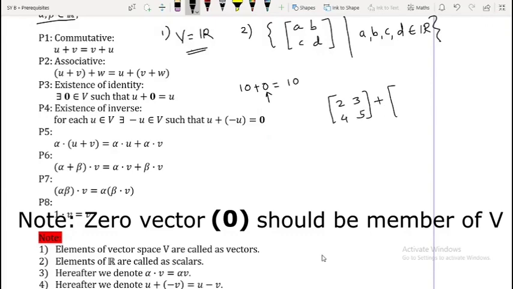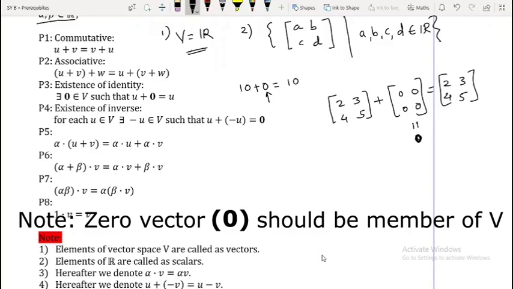If I take one matrix, by adding which matrix to this matrix will you get the same matrix back? You can easily guess it should be a matrix having all entries 0. So for this second example, our bold 0 will be this one. Depending upon the set V, your 0 may change. So this is about the third property.